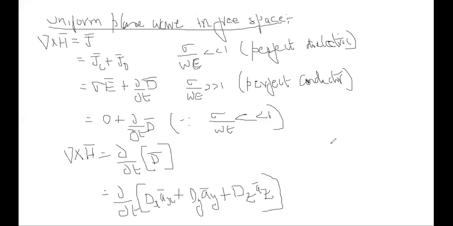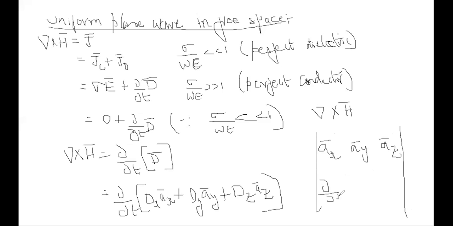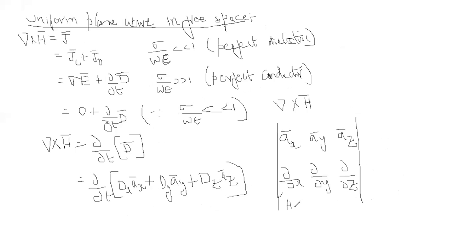Del cross H bar can be taken as a determinant with ax bar, ay bar, az bar, dou by dou x, dou by dou y and dou by dou z, and the components of H are Hx, Hy and Hz. On the right hand side we have dou by dou t of the D bar components Dx, Dy, Dz.